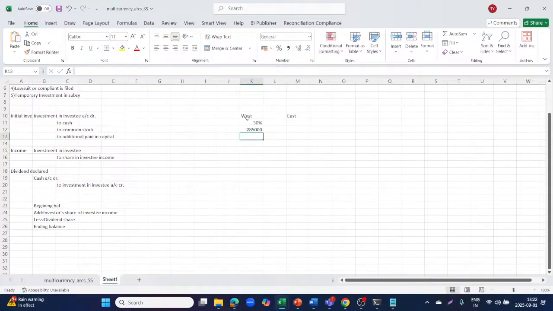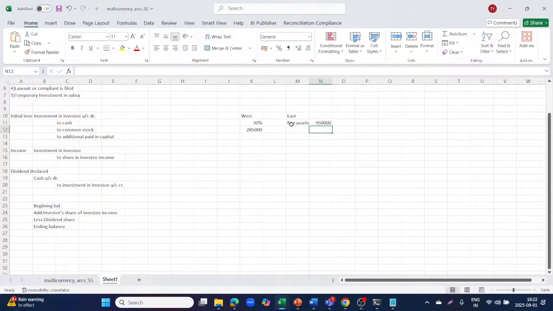On the acquisition date, that is 1st Jan, East Company's net assets had a book value of 9,50,000. There was no difference between the purchase price and the book value of the net assets acquired.